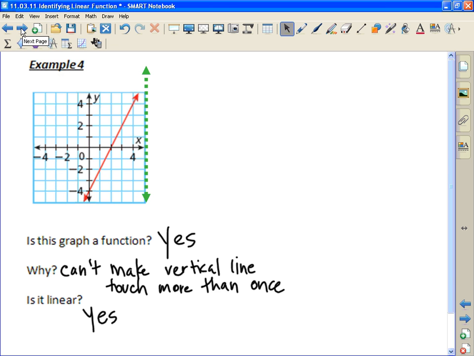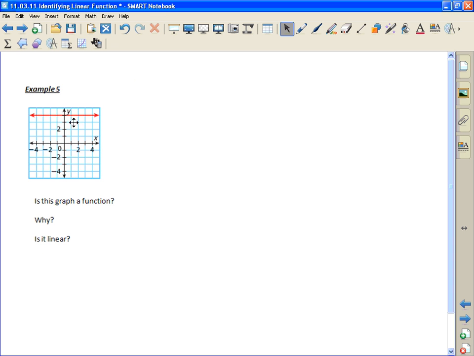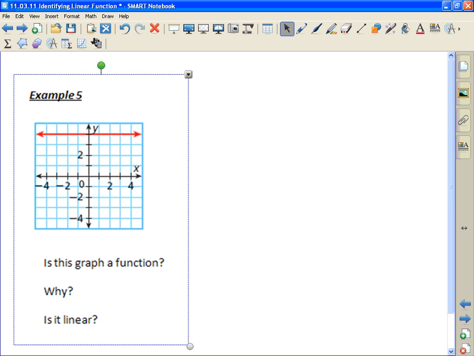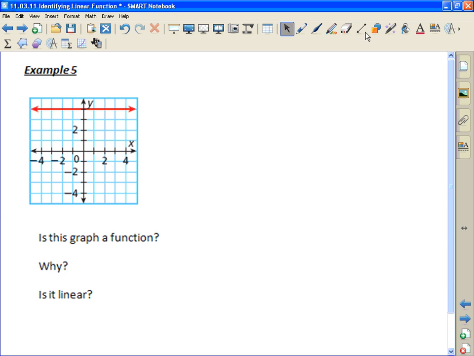On example 5, when I draw my vertical line, I can't make it touch that horizontal line more than once. So yes, that one's a function. I'm just going to write VLT for vertical line touch because we've written that about 17 times now. And is it linear?